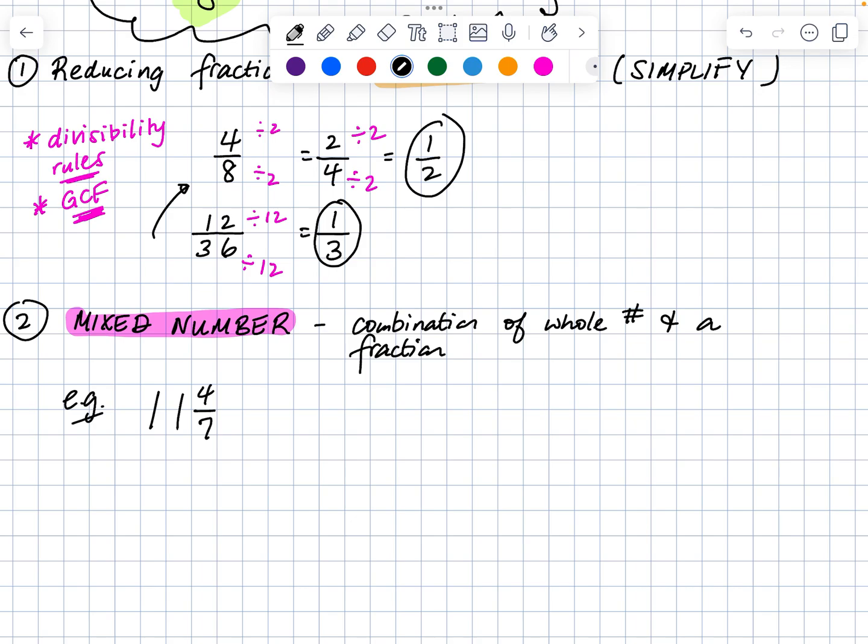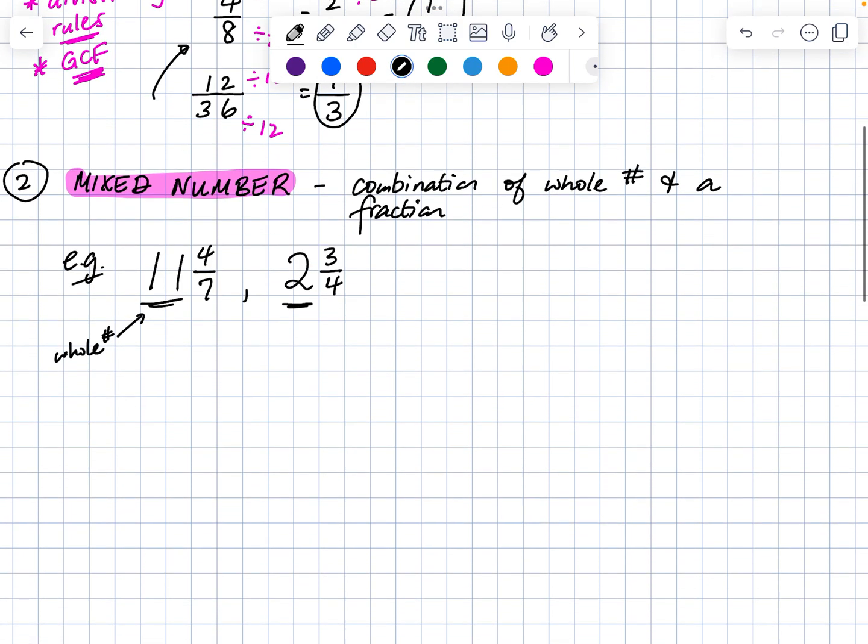Okay, so that would be an example of a mixed number. Another mixed number could be 2 3/4. Notice again, the whole number part is written significantly bigger than the fraction part of the mixed number. Okay, now we have improper fractions.